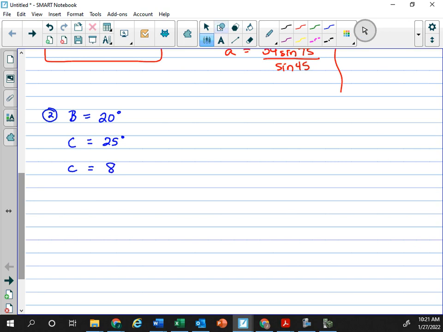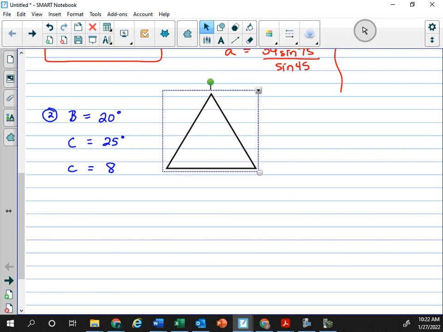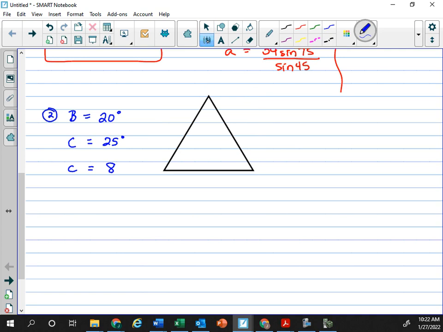So again, draw your triangle. So you are looking for angle A, side A and side B. I'm going to let you guys try this one from the beginning.